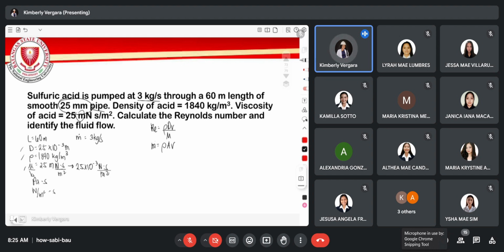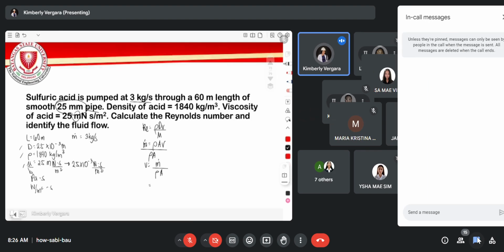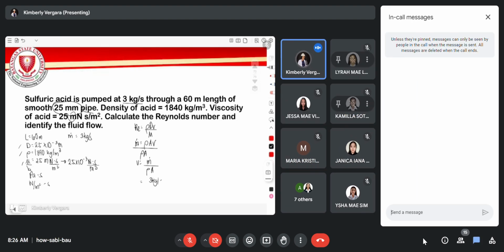To get V, we divide both sides by rho A. So velocity is the mass flow rate all over by rho times A. Our mass flow rate is 3 kilograms per second.